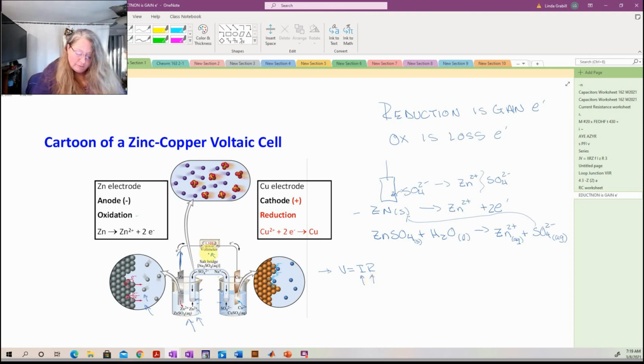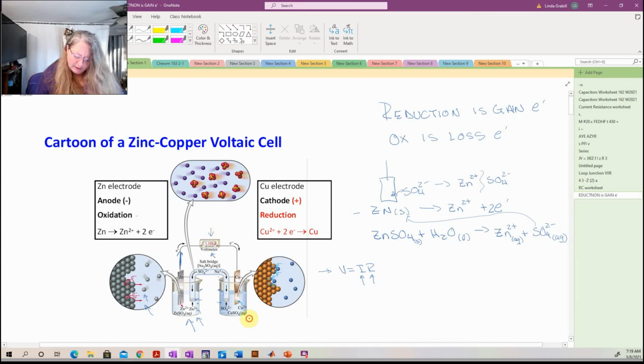What the voltmeter is reading is that potential difference, the flow, and the overall resistance, and it gives us a handy-dandy little number.